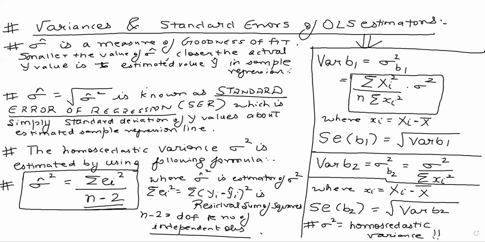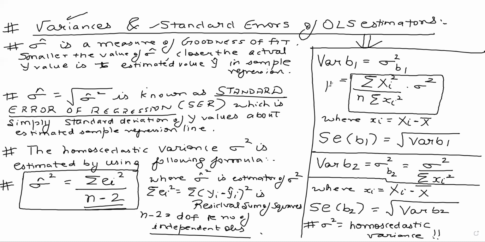The OLS procedure we had performed in the previous lecture, where we got the values of B1 and B2. In this lecture, we learned that for one sample you get one value of B1, B2, and for different samples you get different values. So B1, B2 themselves are random variables, and since they are random variables, they will also have variances and standard errors.